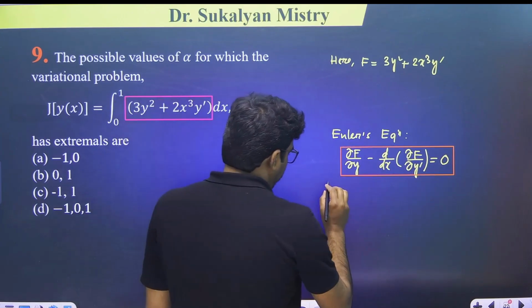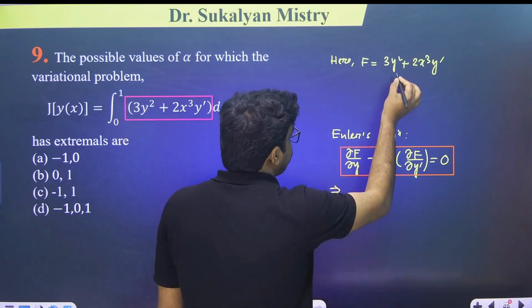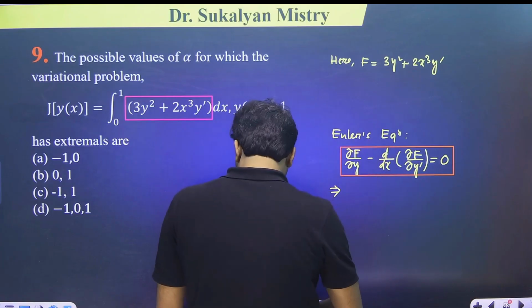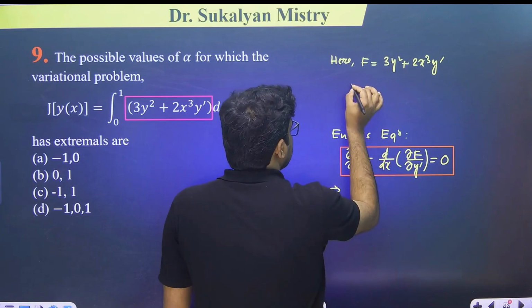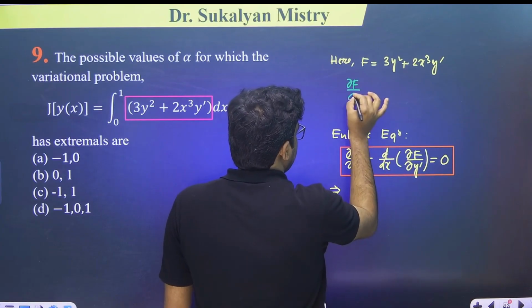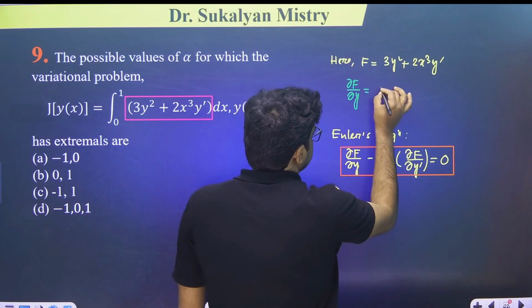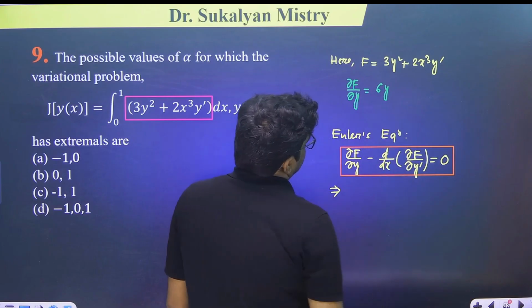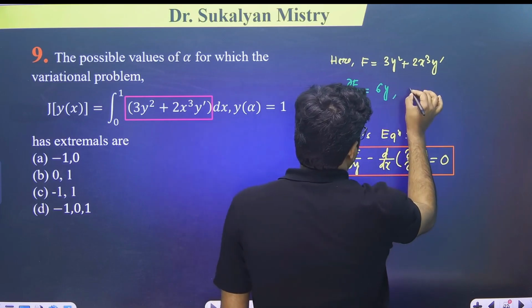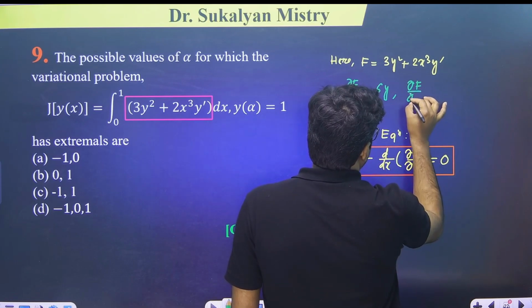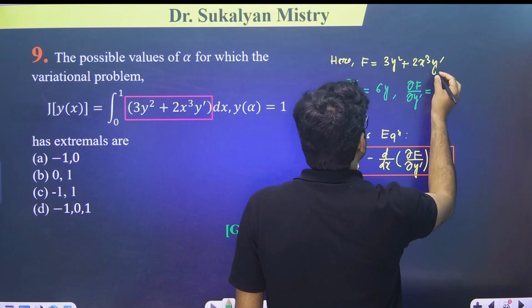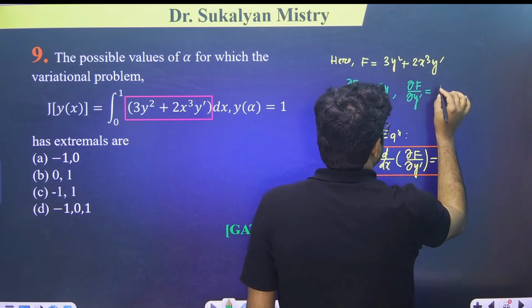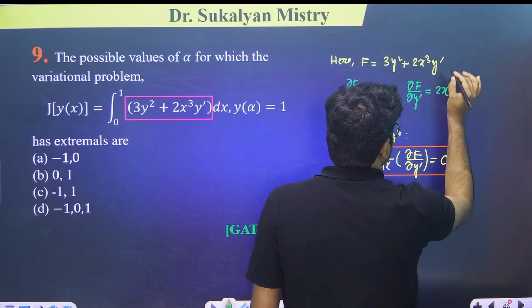So this implies that del f del y, so what is del f del y? This is 6y, right? Del f del y dash is 2x cube.